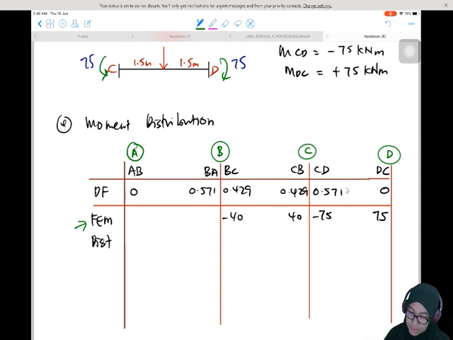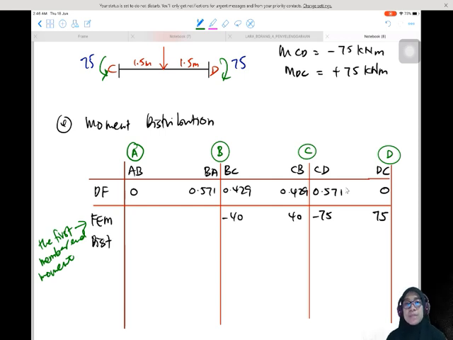Fixed end moment is the first member end moment in the table. But remember, the one that we distribute is the joint moment, not the member end moment. And the joint moment is always opposite with member end moment. Okay?